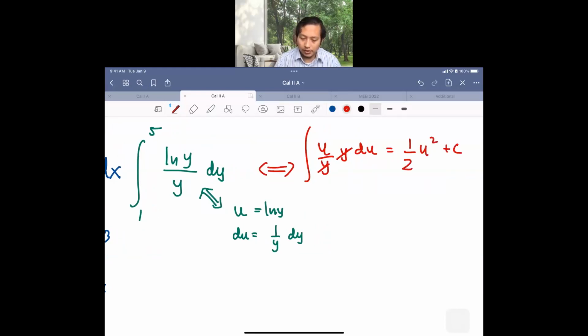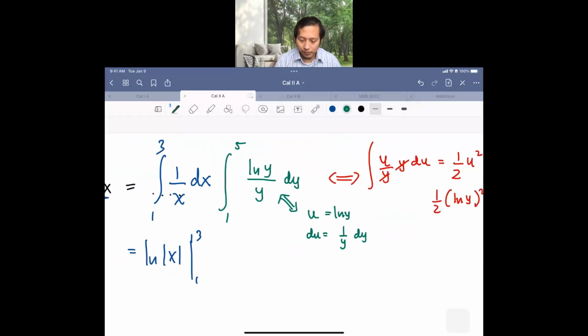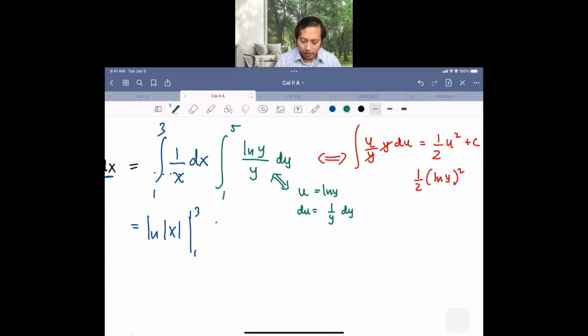Note that u squared is ln y squared, so we can write that in our equation: ln y squared over 2 from 1 to 5.